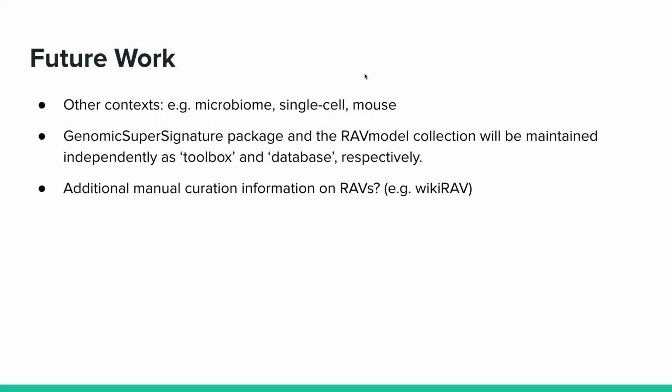Seyoun has done that as a manual process for some of the most important RAVs, the ones that are PC 1 or 2 in more than a dozen studies. But it's not something we've been able to do systematically against all of those training data sets.